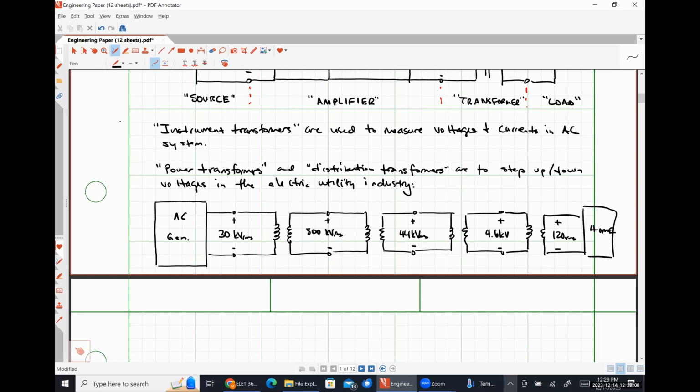So just for illustration purposes, everything to the left over here is what's considered generation. Everything between here and here, so where the 30 kilovolts is getting stepped up to 500 kilovolts, and actually all the way to this point, my apologies, where it's getting stepped back down, is what's called transmission.